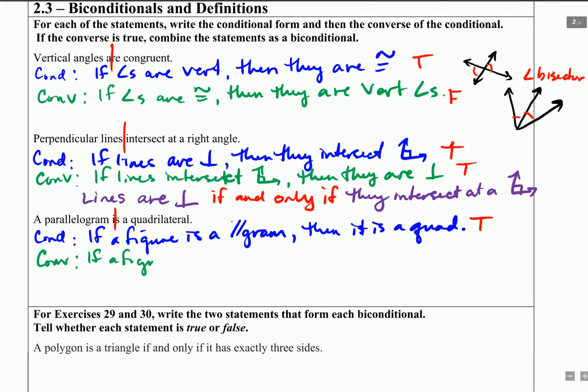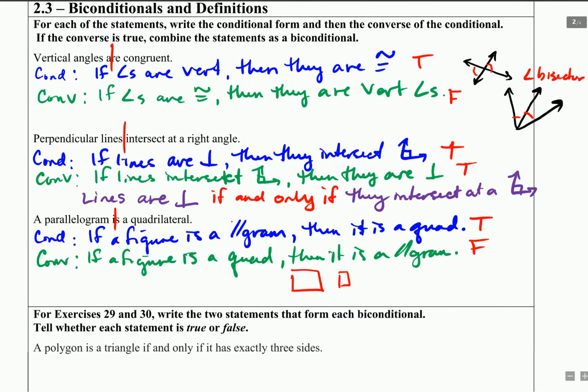And our converse, if a figure is a quadrilateral, then it is a parallelogram. And you should have seen this coming. That is false, because we have a ton of quadrilaterals. Our rectangle, our square, our rhombus, our trapezoid, kite, any random four-sided figure.